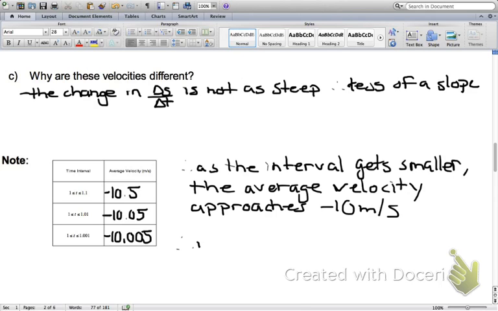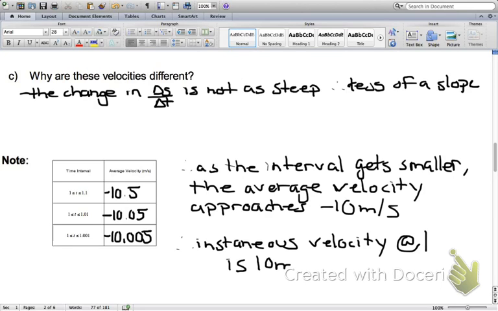So therefore we know that the instantaneous velocity at 1, since we're looking at values that are very close to 1, is 10 meters per second. Sorry, negative 10 meters per second.